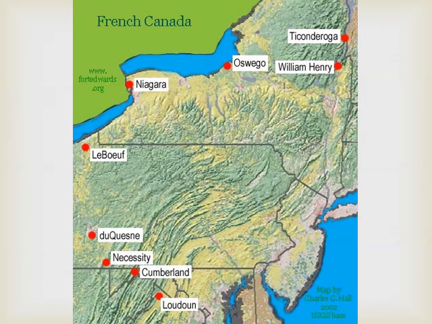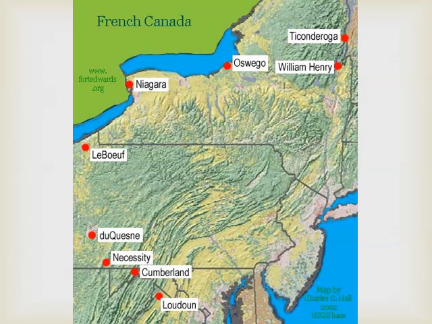In addition, the French built a chain of forts in order to halt British encroachment. The most important of these forts was Fort Duquesne, which you see sort of in the middle left side of that slide. This is where today's Pittsburgh would be. And Fort Duquesne was completed in 1754.